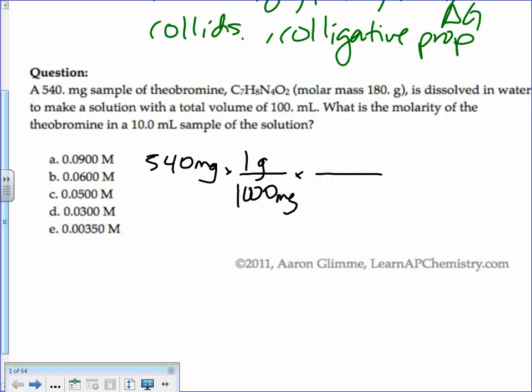Okay. And the molar mass is given to us for theobromine. What's theobromine? Something that does not contain bromine. It doesn't contain bromine, but do you guys know what that is? Chocolate. Yeah, the main component of chocolate. Okay, so 180 grams per 1 mole of theobromine.